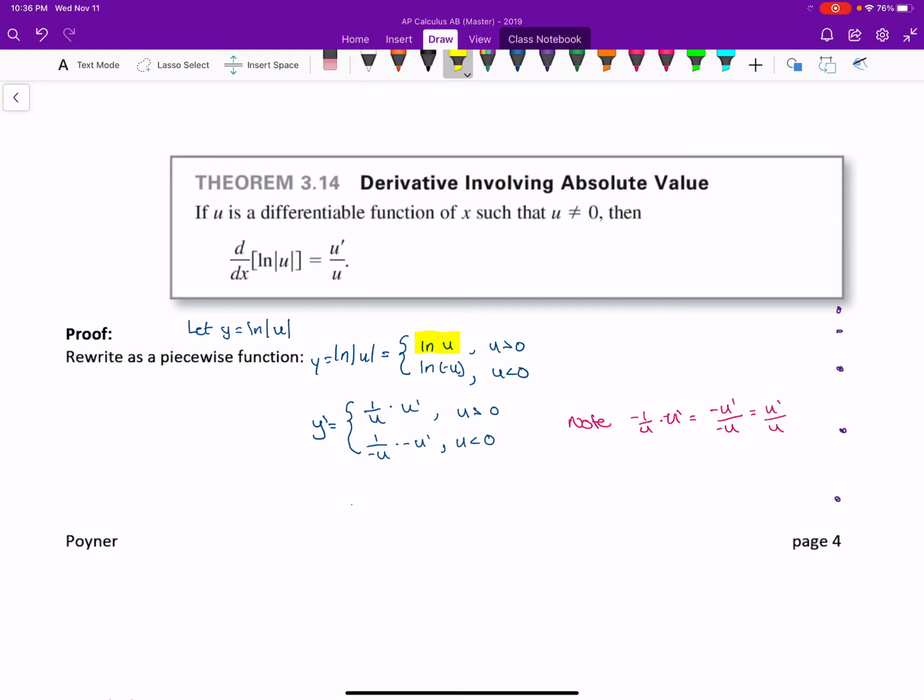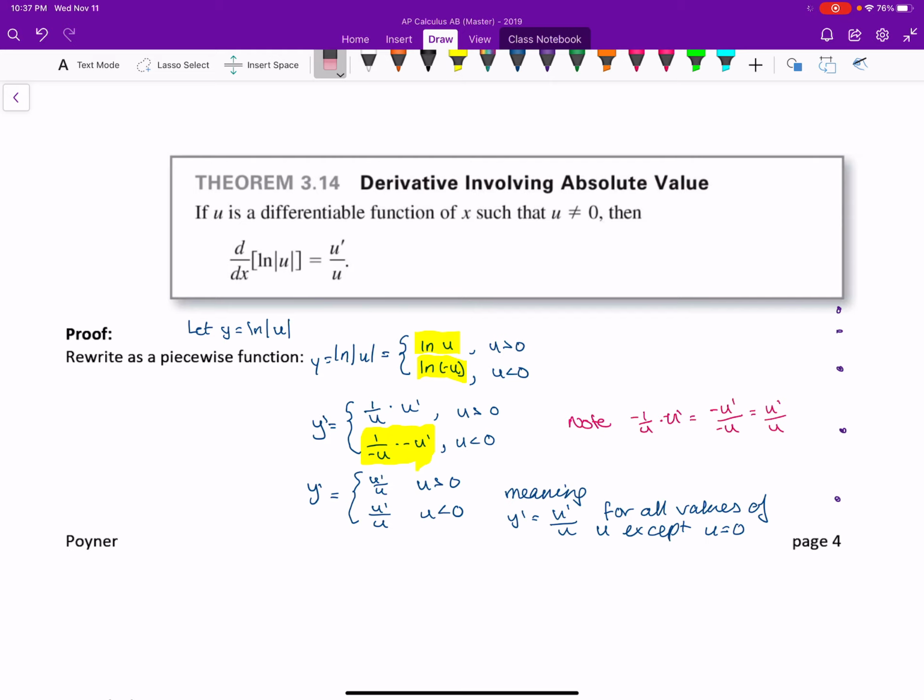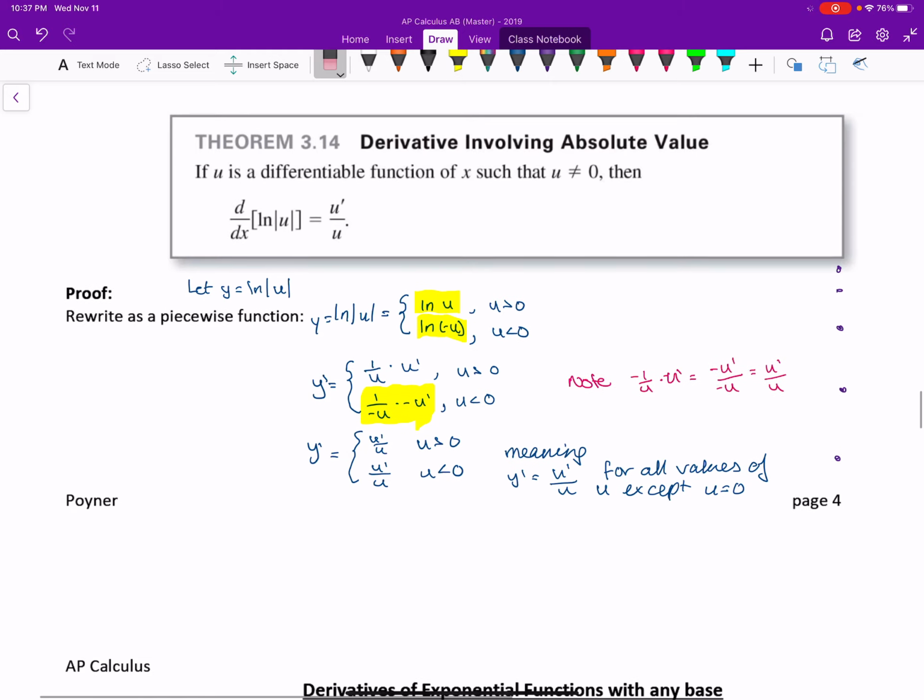Then if I'm taking the natural log of negative u, it's going to be 1 over negative u, but taking the derivative of that gives me a negative u prime, and that means that when I multiply these two together here, 1 over negative u times negative, the two negatives cancel out. So regardless, once we simplify, both of them are still going to give me u prime over u, no matter whether it's positive or negative.